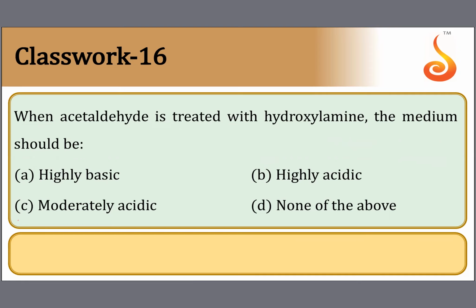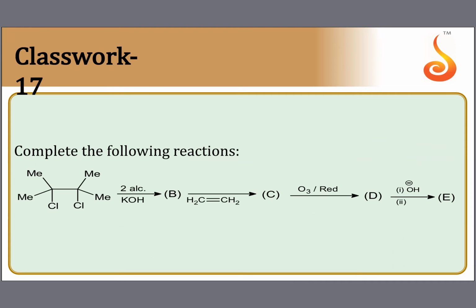Okay, this is a very big type of question. You try. Complete the following reactions. 2 moles of alcoholic KOH means what you have to do? 2 times you have to remove HCl. Of course, the rate of reaction is less. Elimination, dehydrohalogenation. 2 times dehydrohalogenation takes place.